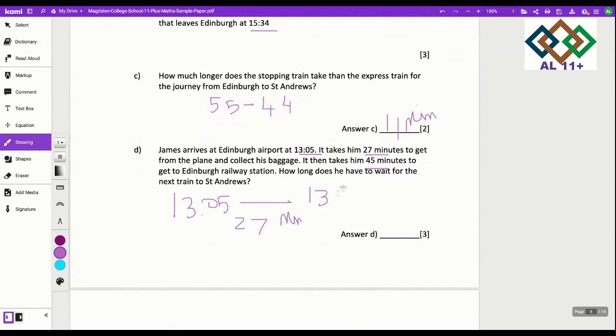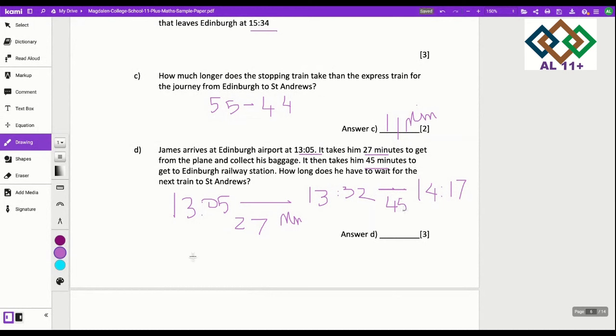It's 13:32. The next train is 14:17. It takes him 45 minutes to do that.